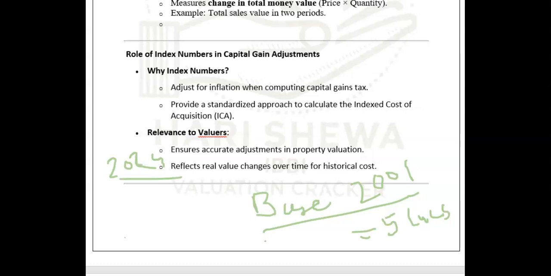You sold it for 100 lakhs. So as per this, you will find the total profit is 95 lakhs.